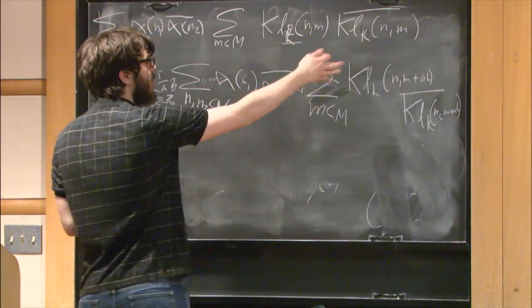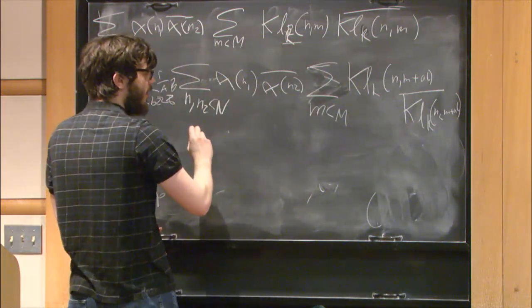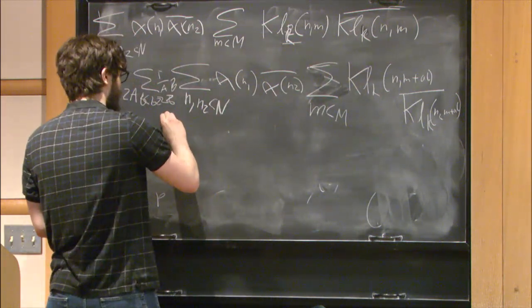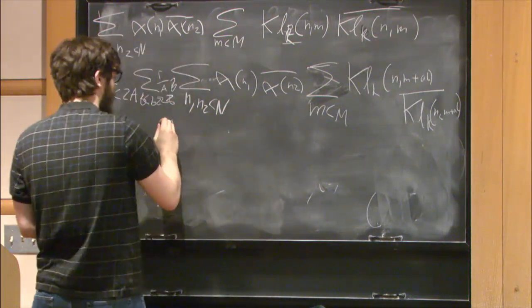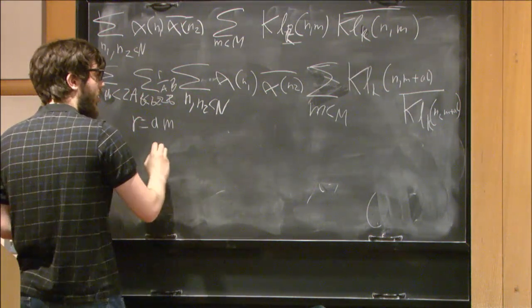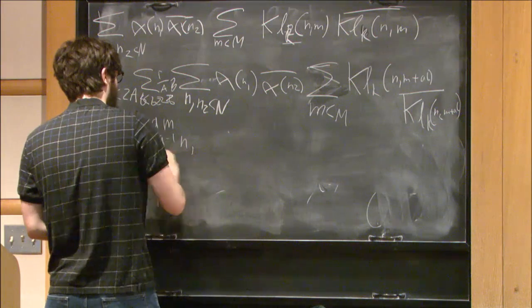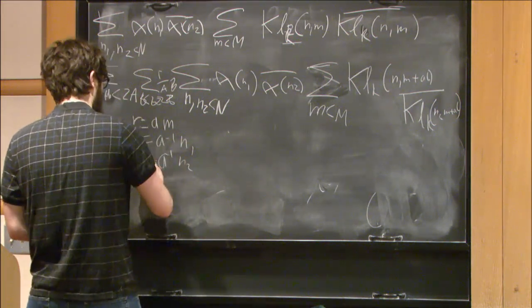Anyways, so we do this weird change of variables, which is that A times M is going to become R, and A inverse times N1 is going to become S1, and A inverse times N2 is going to become S2.